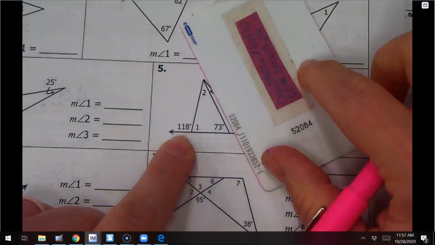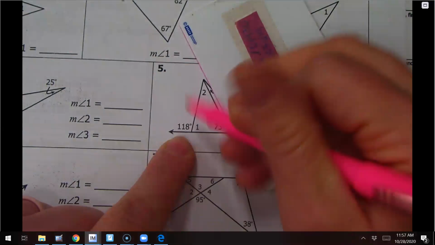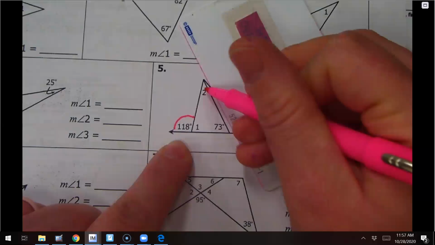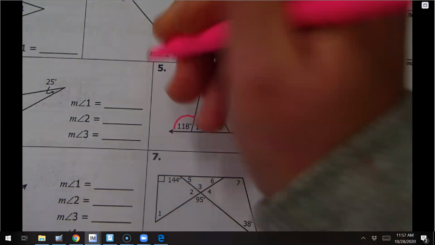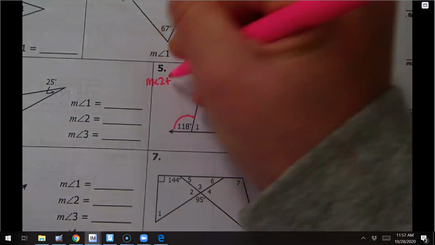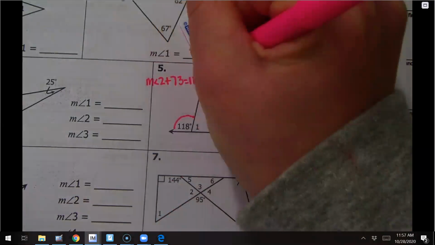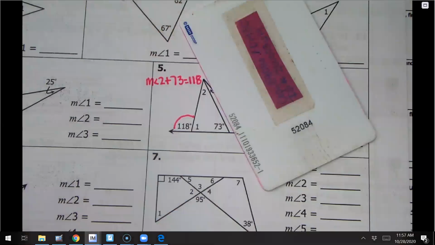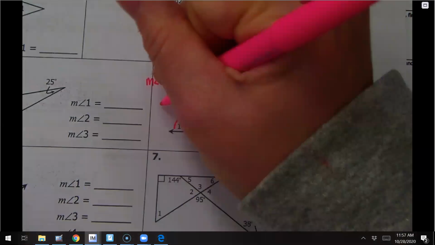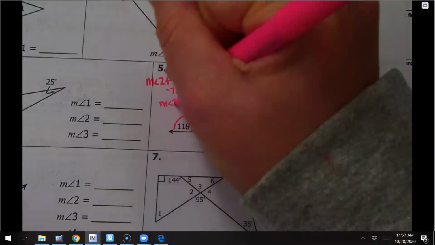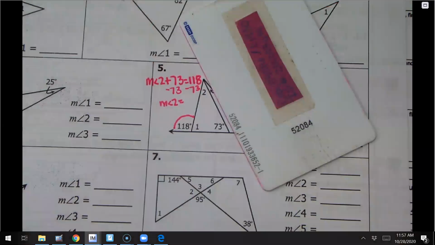So that means angle 2 and 73, their sum has to be 118. So the measure of angle 2 plus 73 equals 118. Then I'm going to subtract 73. The measure of angle 2 equals, what's 118 minus 73? 45. So the measure of angle 2 is 45 degrees.